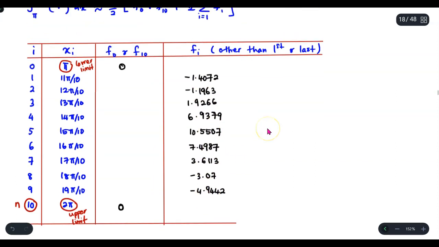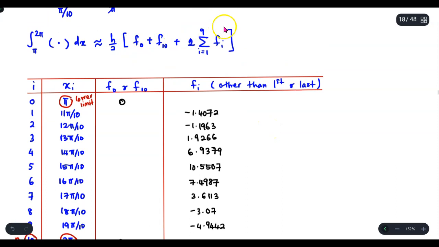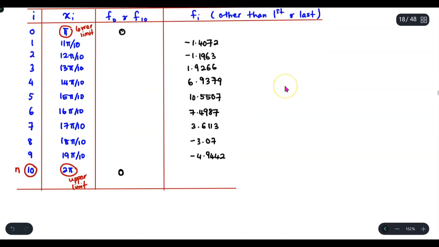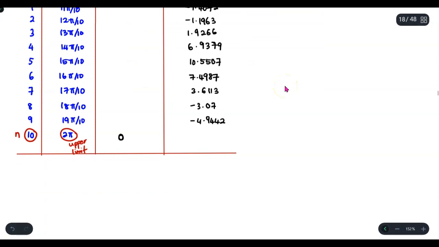And now, next is just to plug into this trapezoidal formula here. Therefore, the integral of e to the x, sine x, cos 2x dx from pi to 2 pi will be h over 2.